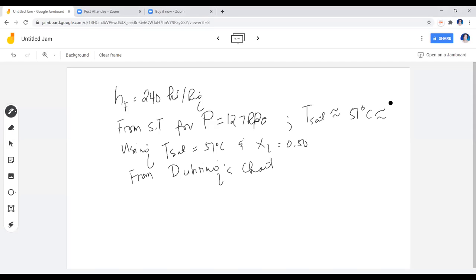So this would be... Is my value correct? 123.8 degrees F?